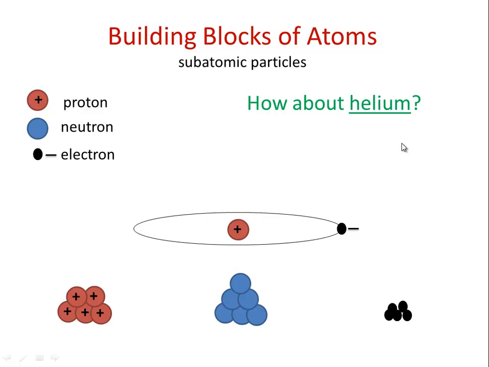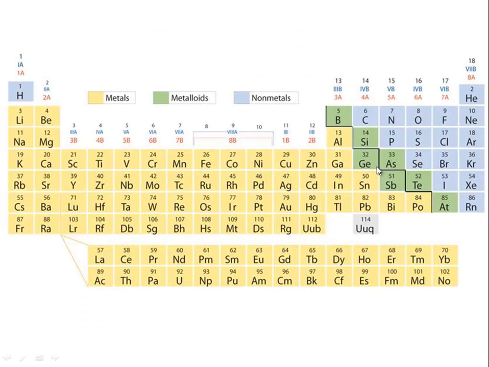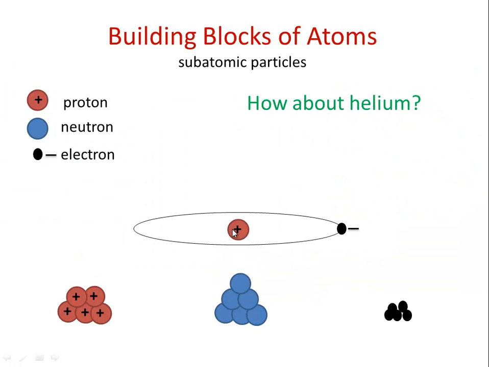Next, what about helium? If a customer comes by and says they want an atom of helium, what are we going to do? Well, again, you can go back. If you don't know the atomic number of helium off the top of your head, you can go to the periodic table, locate that, and it's way over here on the other side. You can see that the atomic number is 2, which means that you're going to need 2 protons in the nucleus. So let's bring another proton over. There we go.